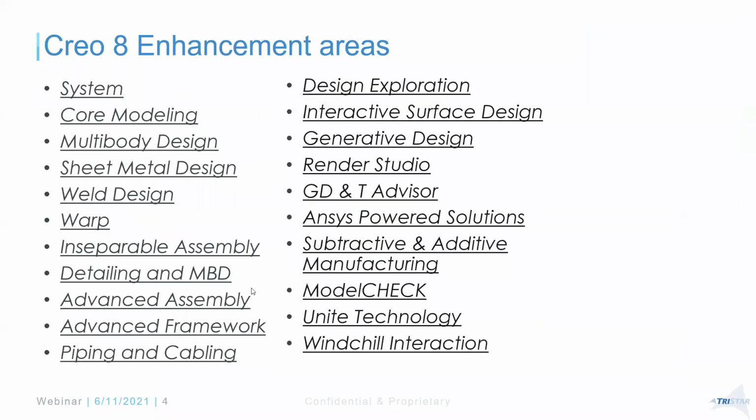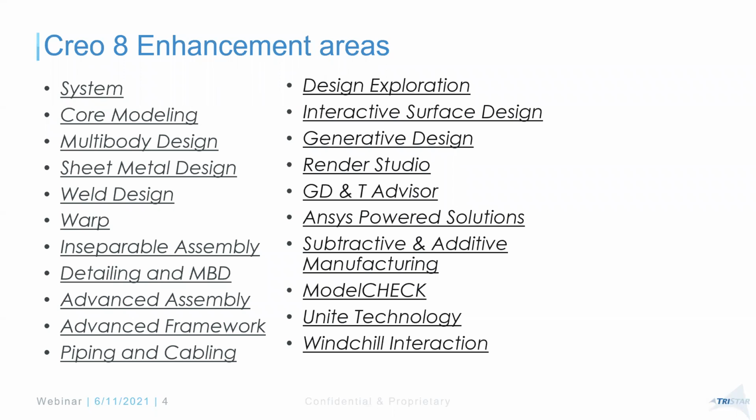Before I even show you some examples, I thought it's important to understand what areas PTC enhanced in Creo 8 compared to Creo 7. On the system level, there's dual monitor support.